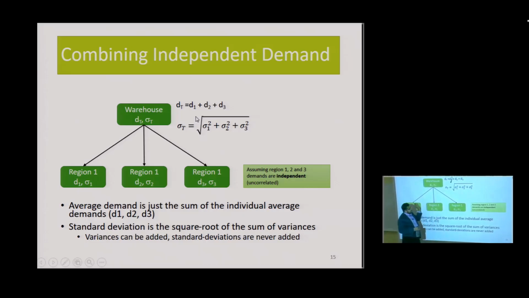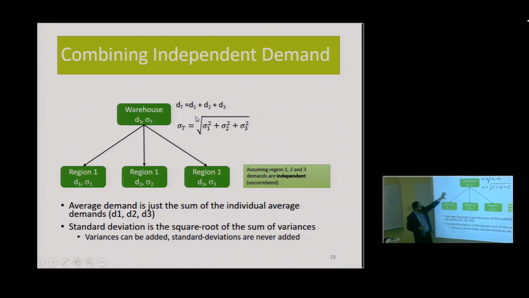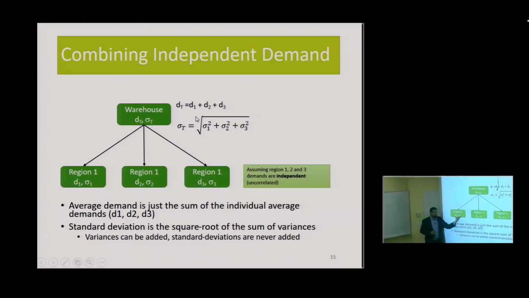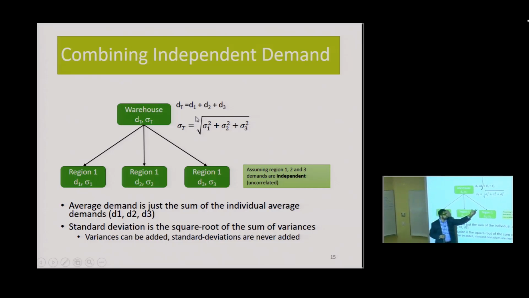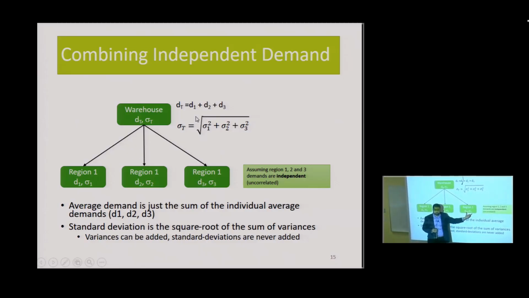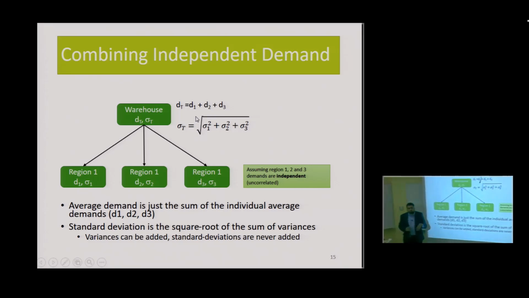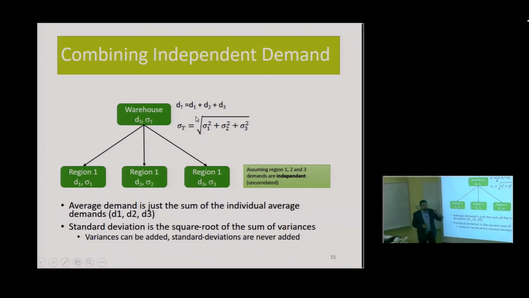If you have 3 warehouses, each warehouse is going to have inventory based on this demand. So you'll have warehouse 1 having inventory to meet demand here, whereas 2 having inventory to meet this demand, whereas 3 having inventory to meet this demand. An alternative to having 3 warehouses is to have what's called centralization, just have 1 warehouse supplying to all 3 regions.